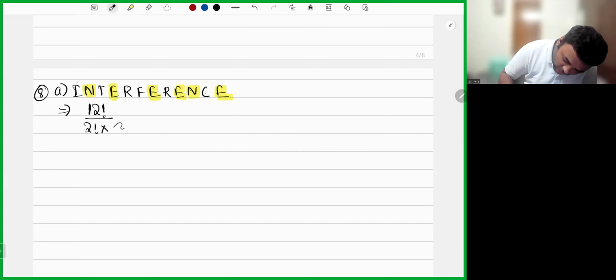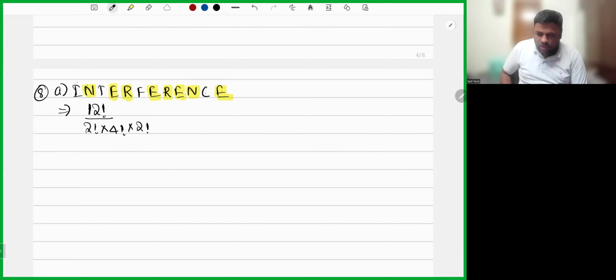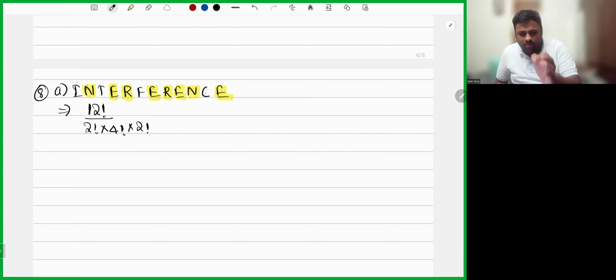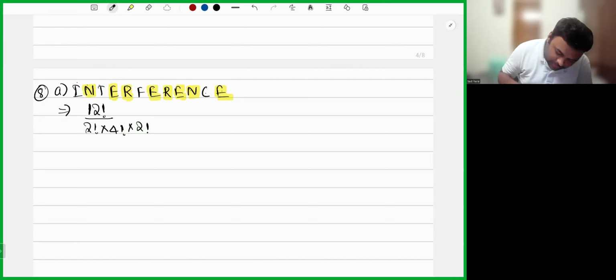E is repeated 4 times, 4 factorial. Next R is repeated 2 times, so 2 factorial. You'll simply go ahead and divide by the number of repetitions. If there is any repetition in a word, you simply divide by the number of repetitions to get the number of arrangements.